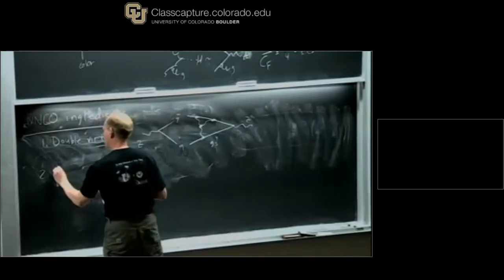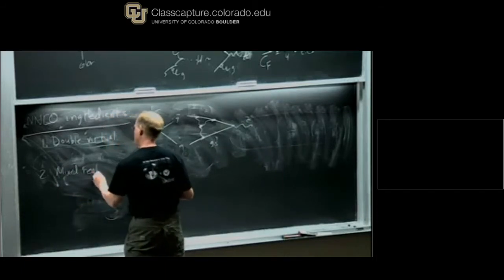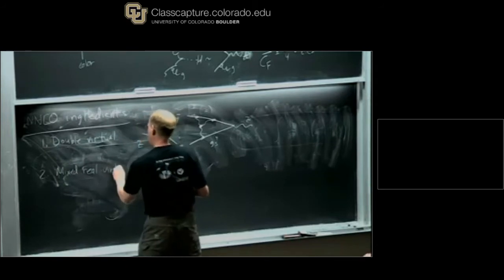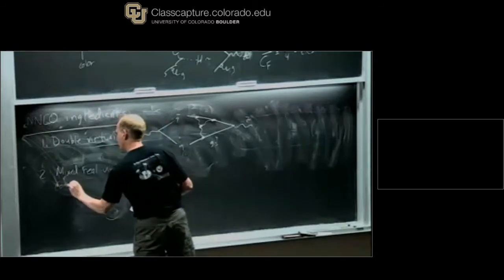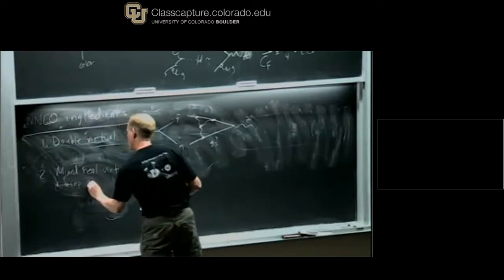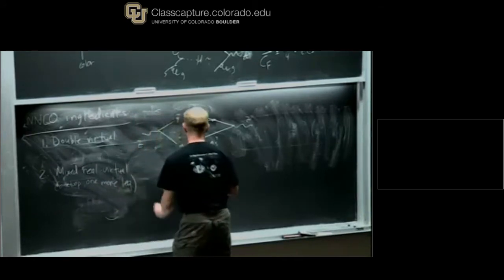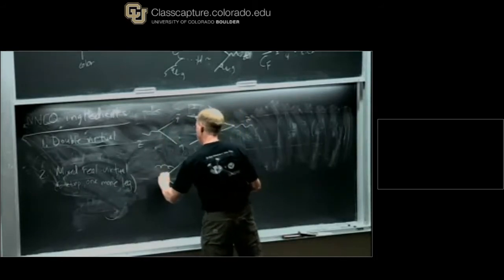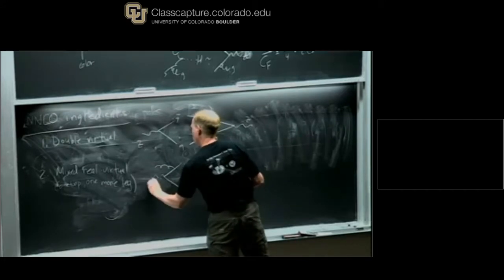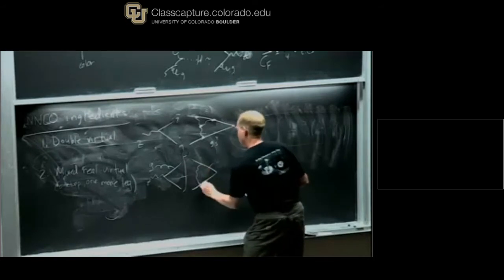And then we have what are called sort of mixed real virtual. So that's one loop, but one more leg. So an example of that would be where we have the process Z plus gluon, but on one side we use a one-loop amplitude.